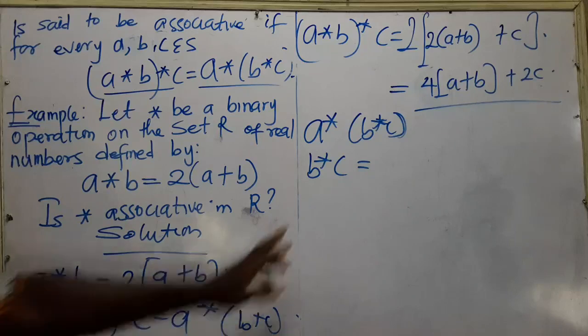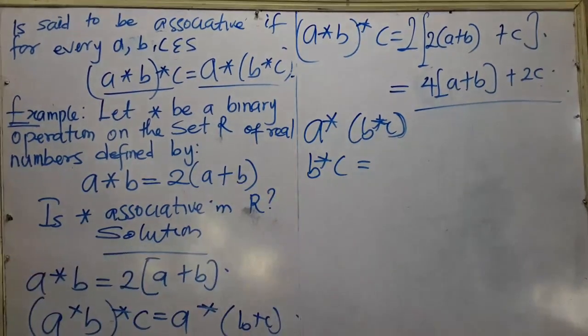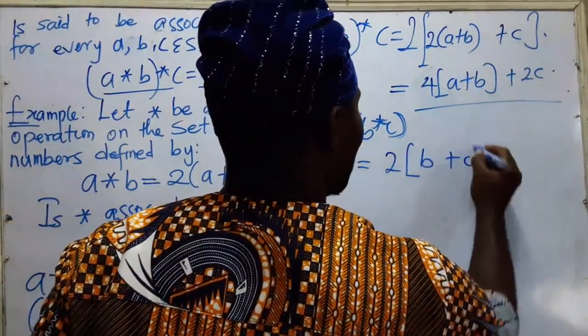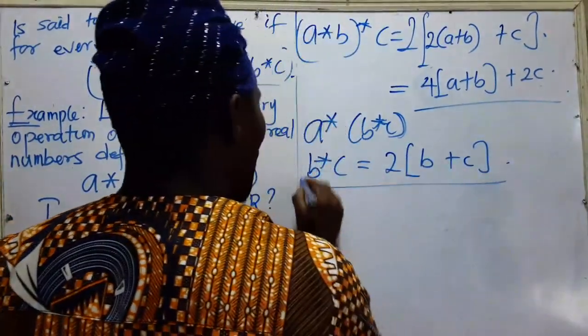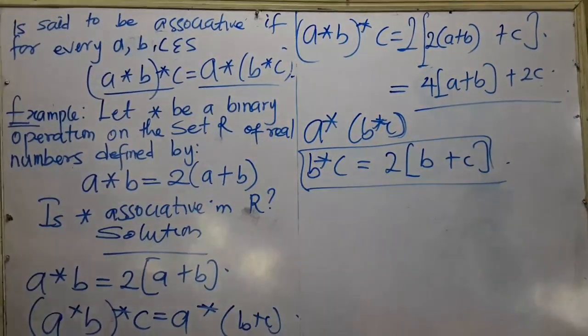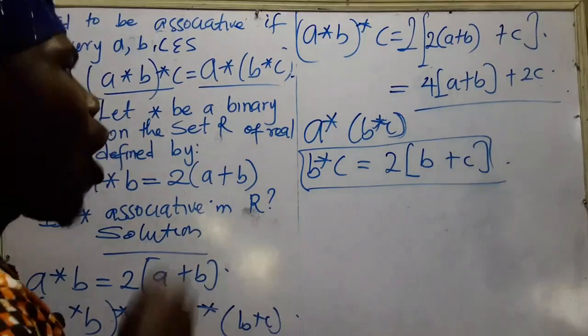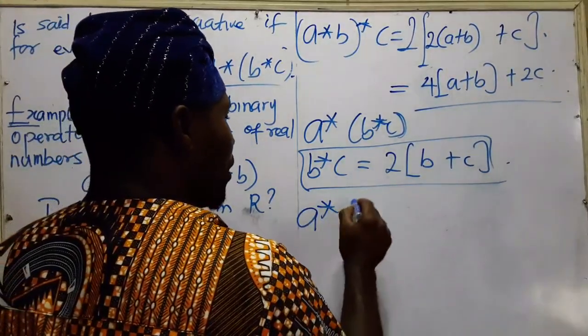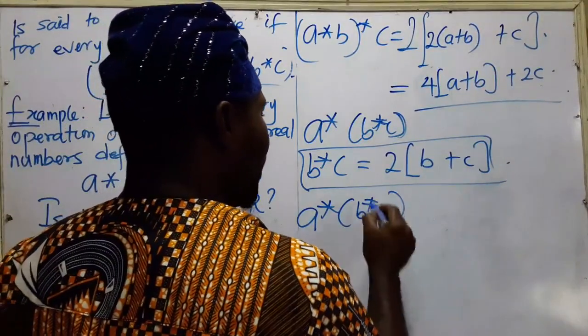Now A has turned to B and B has turned to C, so this gives us 2 times (B plus C). This is the value for B operation C. Now let's find the value of A operation (B operation C).